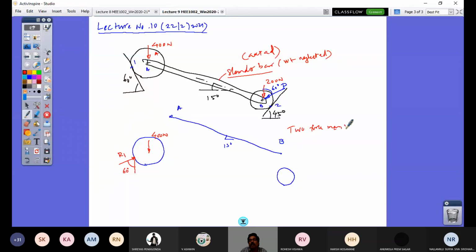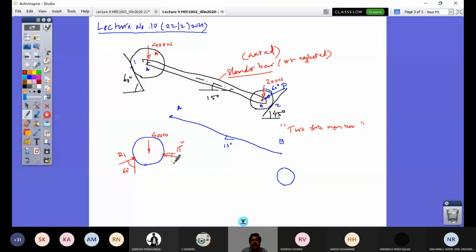So that's to be remembered. You have already seen in the last class two-force member equilibrium, essentially by two collinear, same magnitude, opposite sense forces. If I consider the force exerted by that member onto the disk, the direction of this is 15 degrees to horizontal.